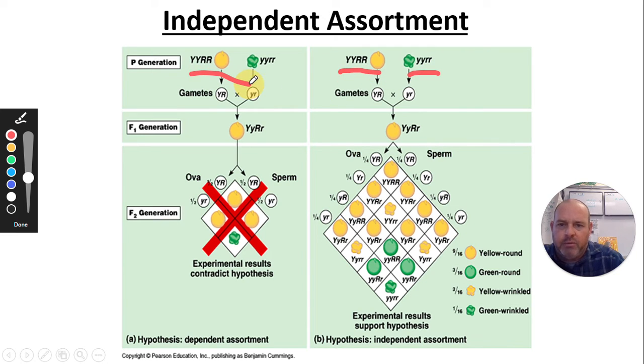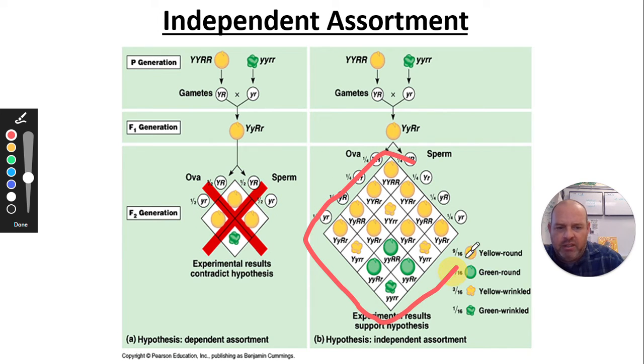Over here, if they did not independently assort, so down here you can see dependent assortment, then you would only get these two options. And so that would mean you only have this 3-to-1 ratio, but that's not what they were seeing. They were seeing all this variation on this side.